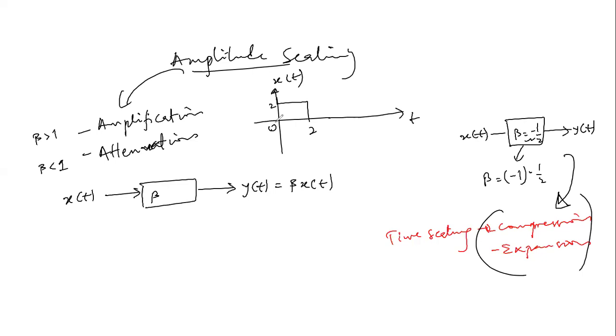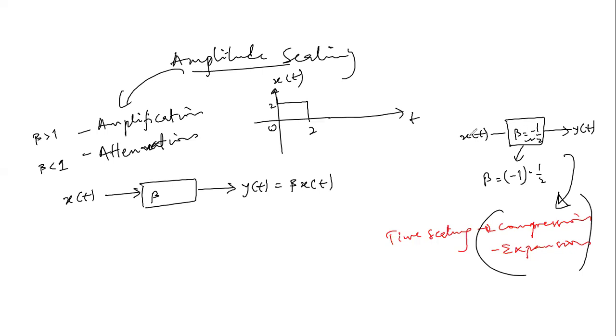But is it possible to perform multiple operations on the signal? Yes. Let's assume beta, which is the parameter in this case, performing this operation on the time scale. What if it is -1/2? We already mentioned that if the value is less than 1, we are going to get a compressed signal, because it's going to be dividing the time scale by that value, right?